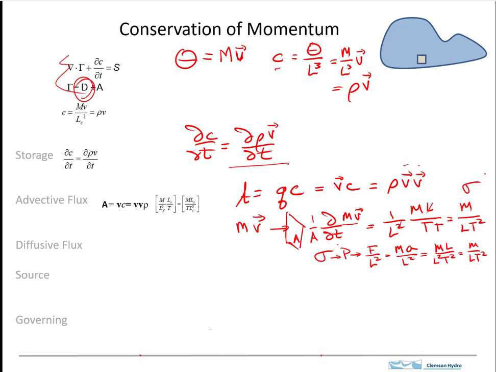And to see how that works on an intuitive basis, I think it's useful to look at it like this. So here's the cross-sectional area, and we've got some flux here, and that flux is changing with time. That's what we're saying right here. One way that could happen is if the velocity increased with time, or I guess if the mass increases with time.